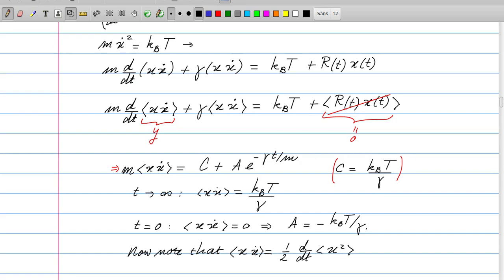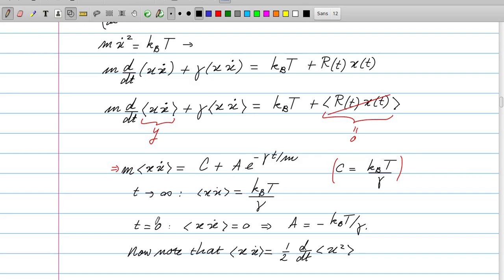The solution can easily be found. It's a straightforward differential equation, and it reads c plus a times e to the power minus gamma t over m, where c and a are constants. C is not an arbitrary constant, but if I plug the solution into the equation, I see that it must be equal to kBT over gamma, and therefore if we take the time to infinity, then I'm left with just c, and that's kBT over gamma for this quantity here.